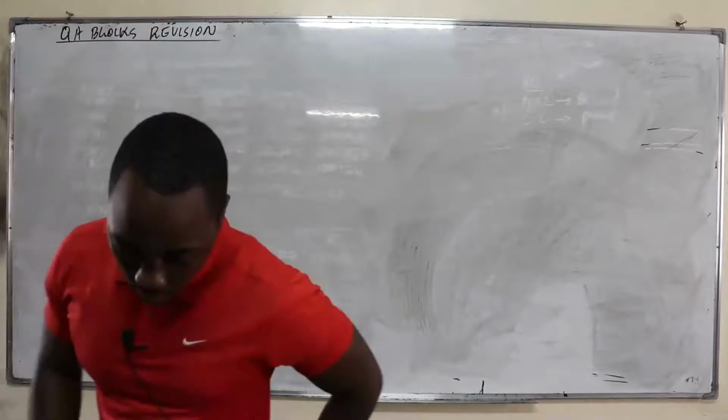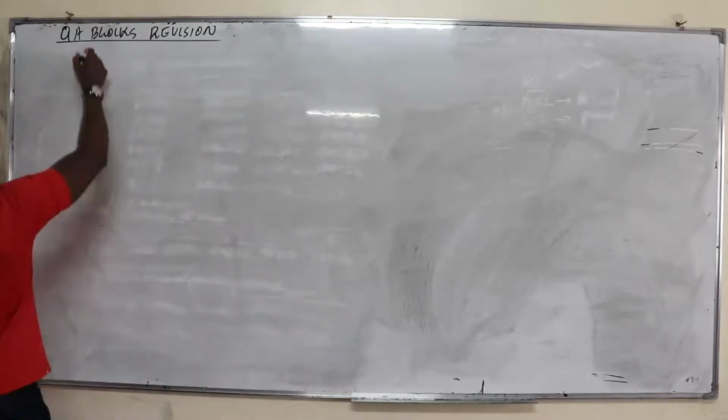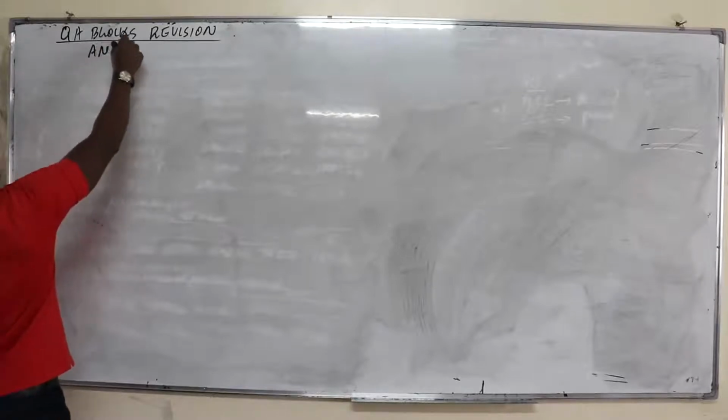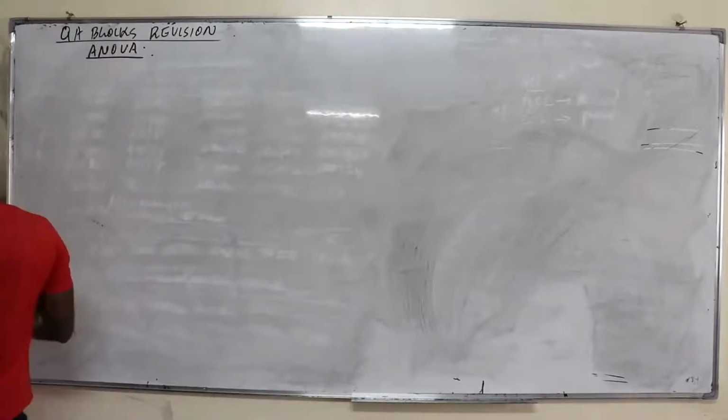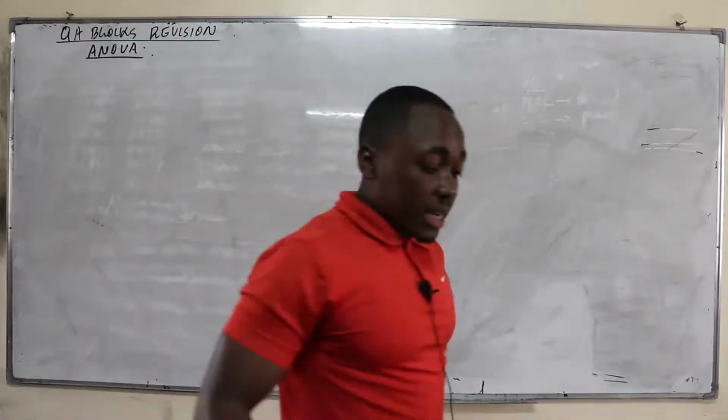So now take out your handout, the one for analysis of variance. Want us to do the Anova. Analysis of variance, it's under that handout.